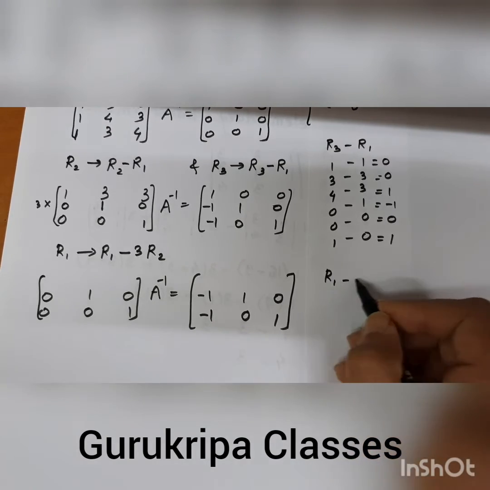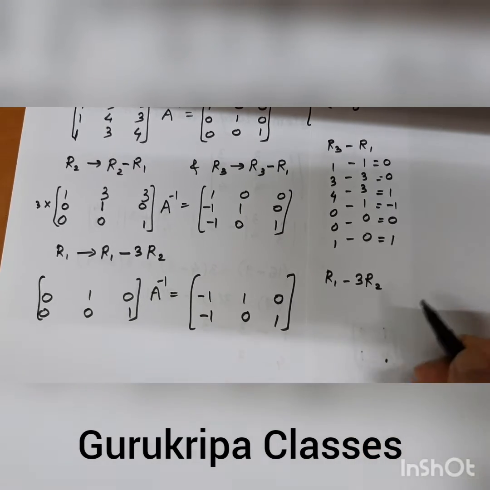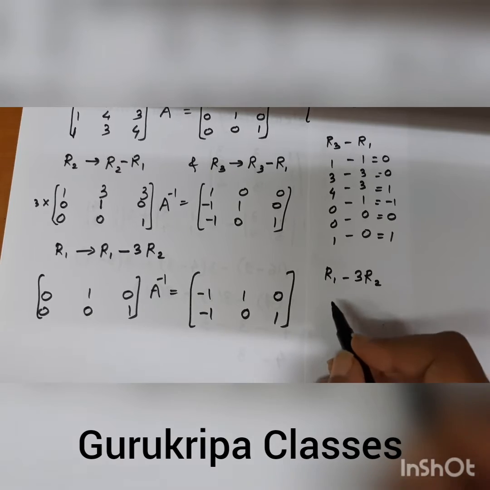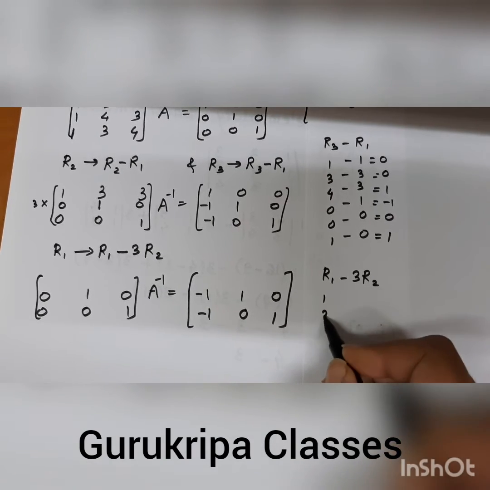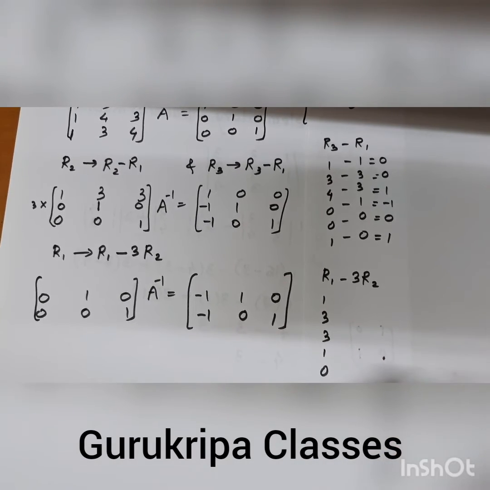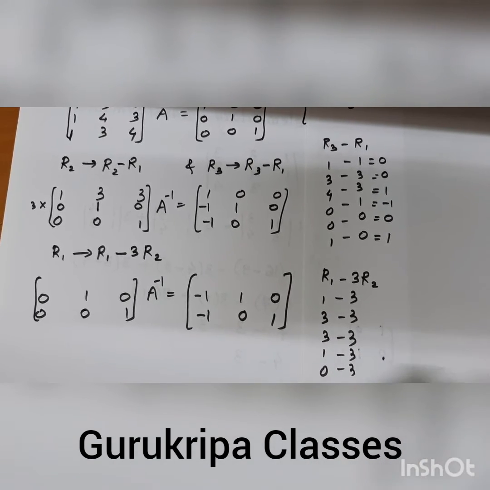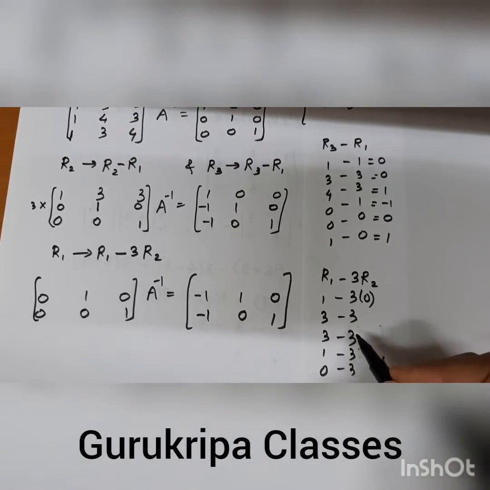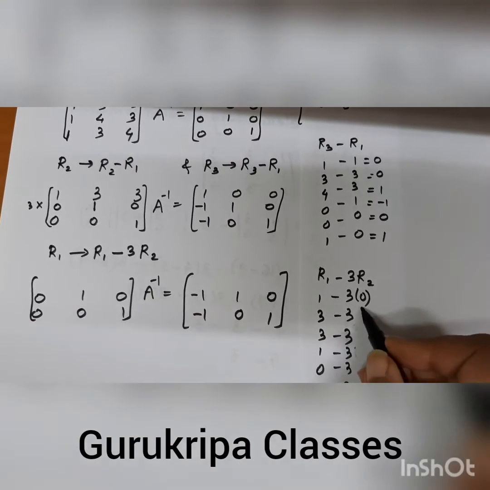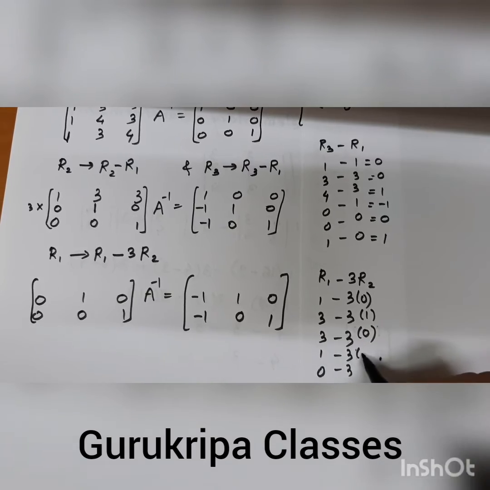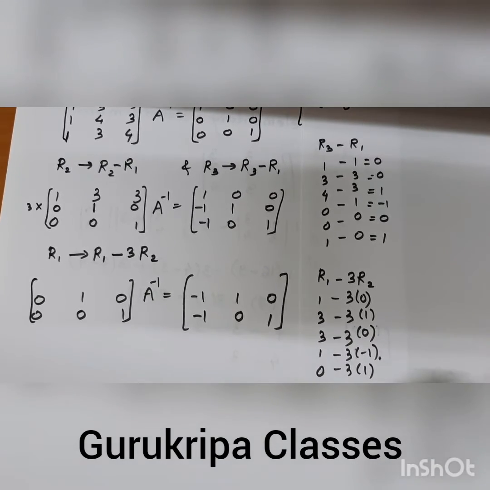I am doing this here. R1 minus 3 R2. The elements of R1 are 1, 3, 3, 1, 0, 0, minus 3 times the elements of R2, which I am writing here: 0, 1, 0, minus 1, 1, 0.